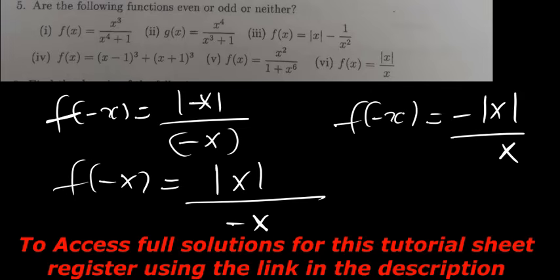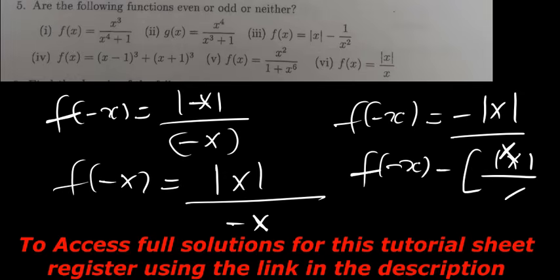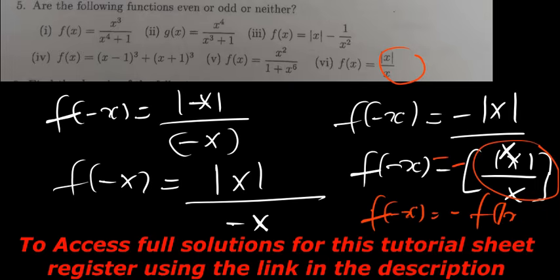So if we clearly see here, f of negative x, I factor out negative the modulus of x divided by x. What is inside the brackets is basically the same as that, and I've got minus outside. So then f of negative x is equal to negative f of x. The function is odd.